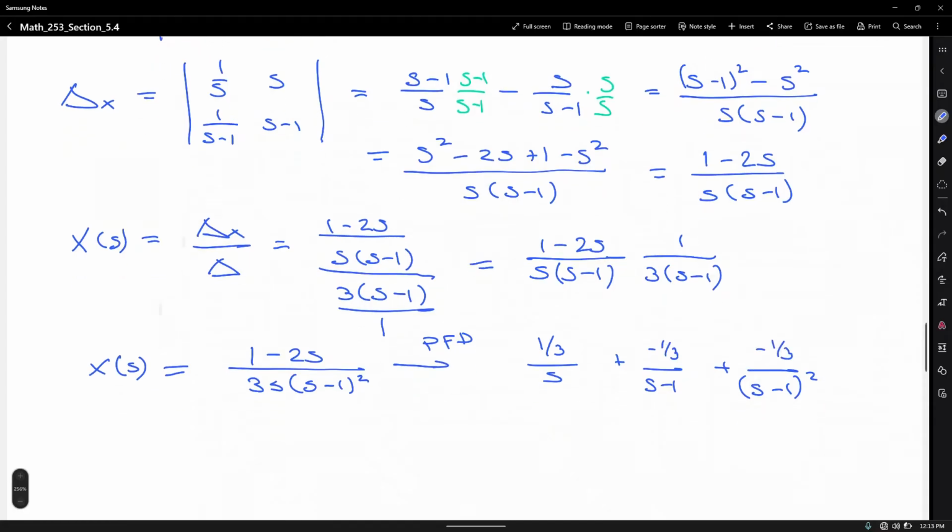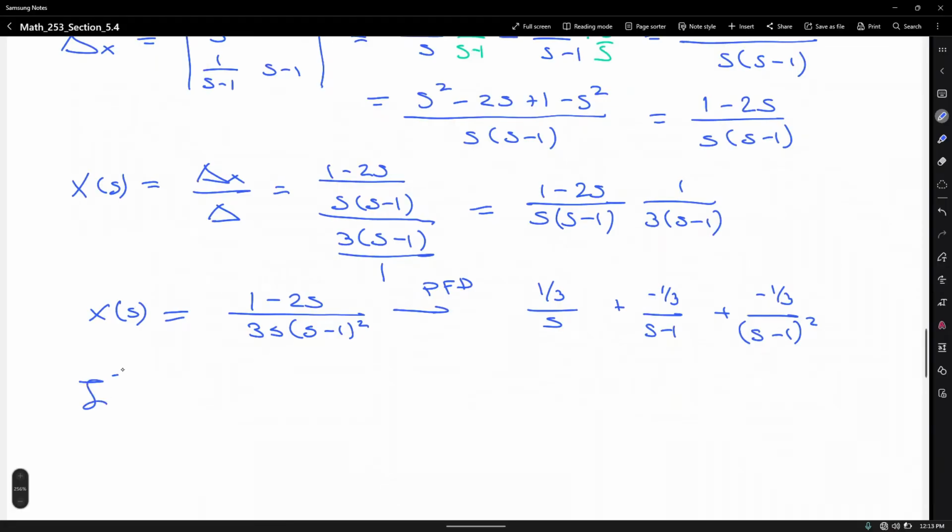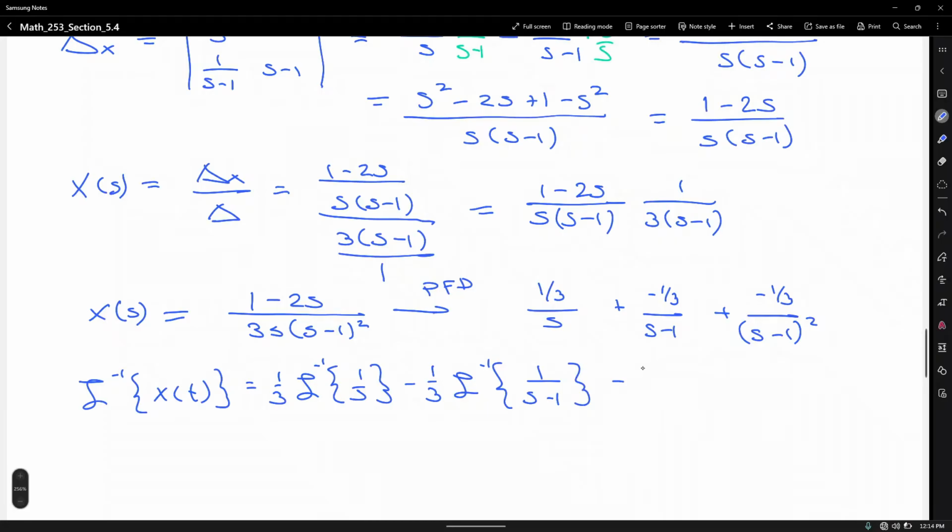All right, well, let's take the inverse transform to finally find the solution and obtain, at least for now, the solution for the x of t function. So that'll be x of t equals 1/3 the inverse transform of 1 over s plus negative 1/3, which is minus 1/3, the inverse transform of 1 over s minus 1, plus another minus 1/3 inverse transform of, okay, did you see this s minus 1 squared?